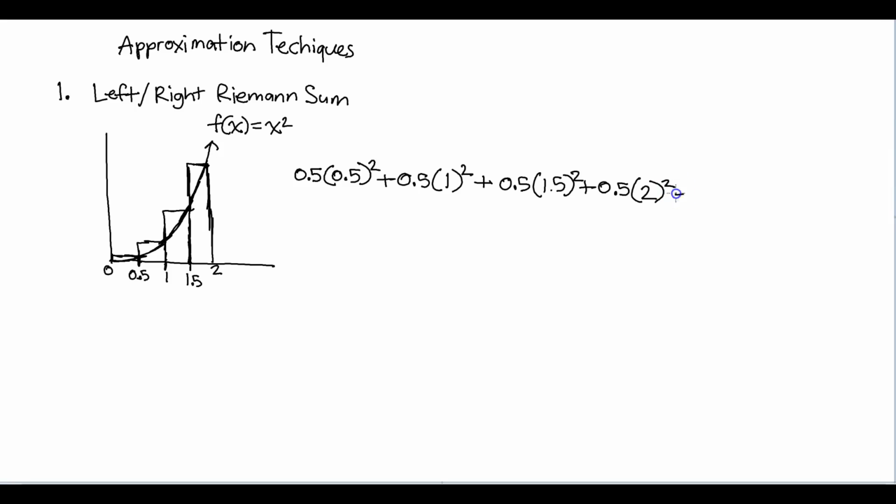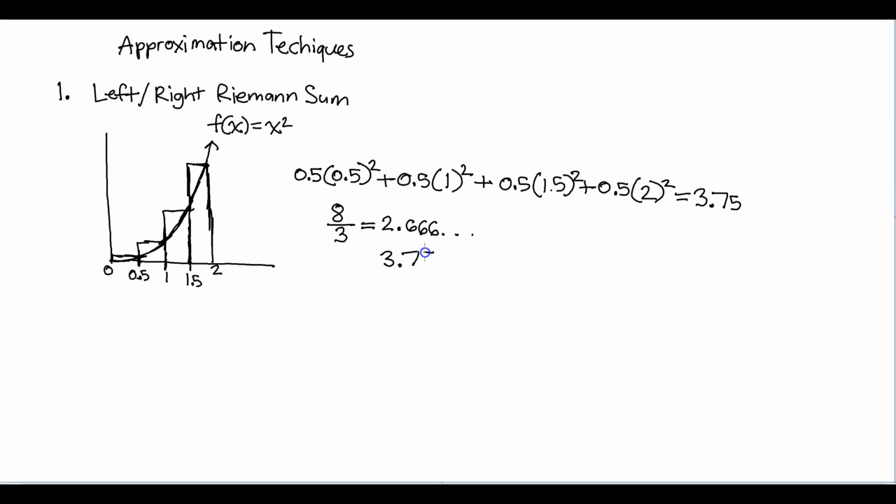Yep, we got 3.75. The actual area, I think I remember this from last video, we did this, is 8 over 3, which is equal to 2.666 and so on. So this is actually an overestimate, okay?